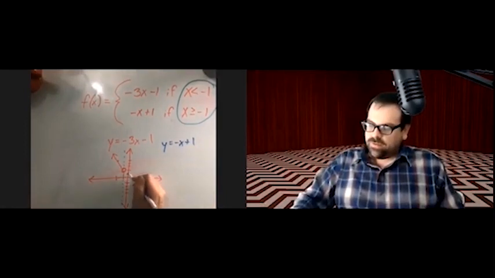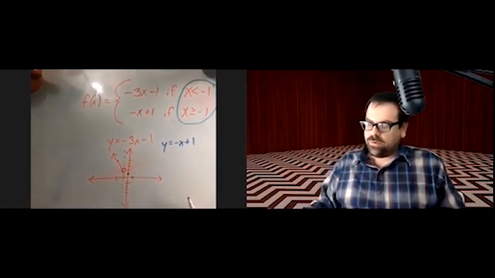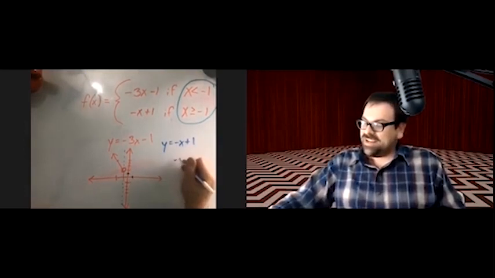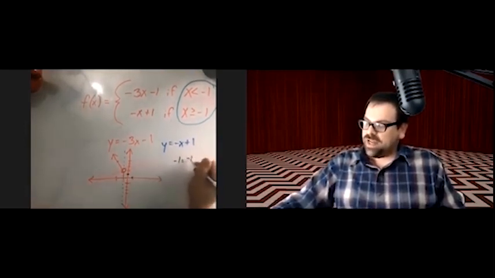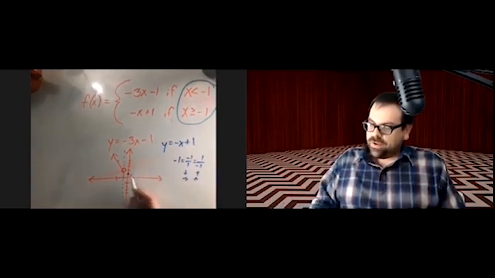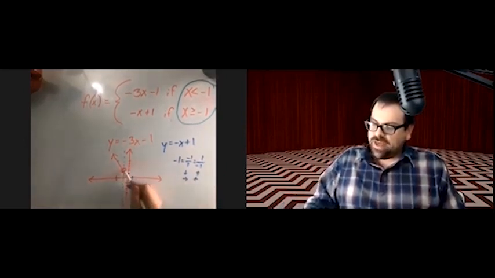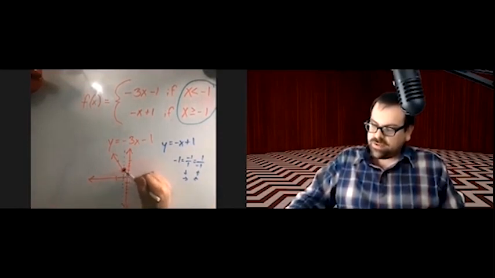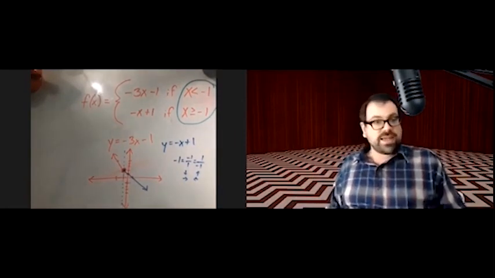Down 1, right 1, or up 1, left 1. -1 for a slope is -1 over 1, or 1 over -1. Down and right, or up and left. Notice up and left is going to fill that point in, so it's continuous. But the graph looks like that.